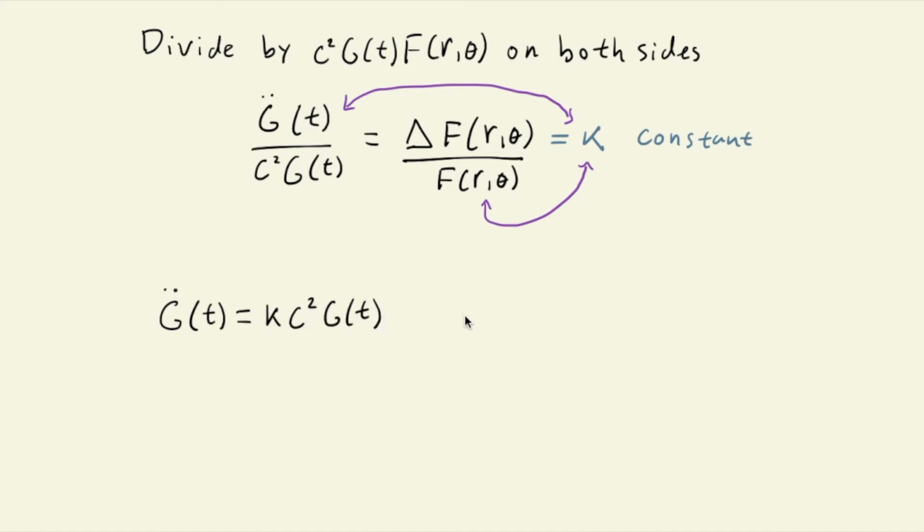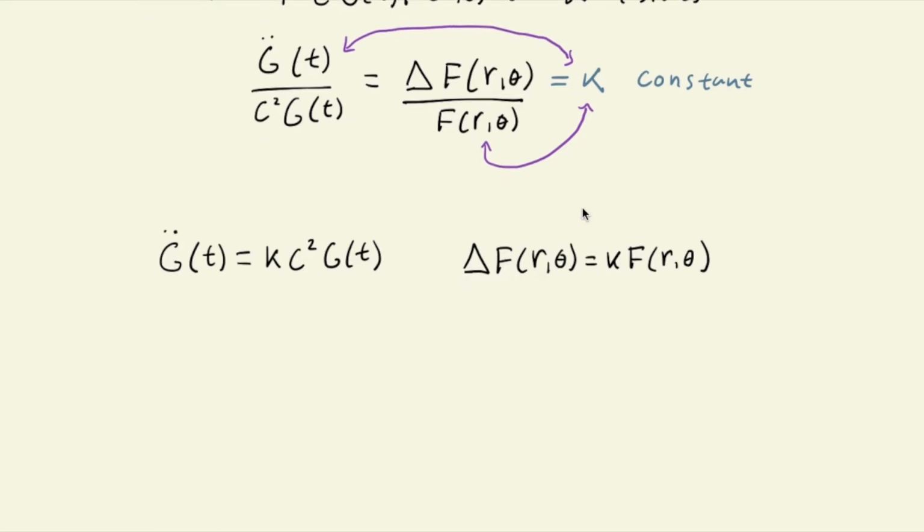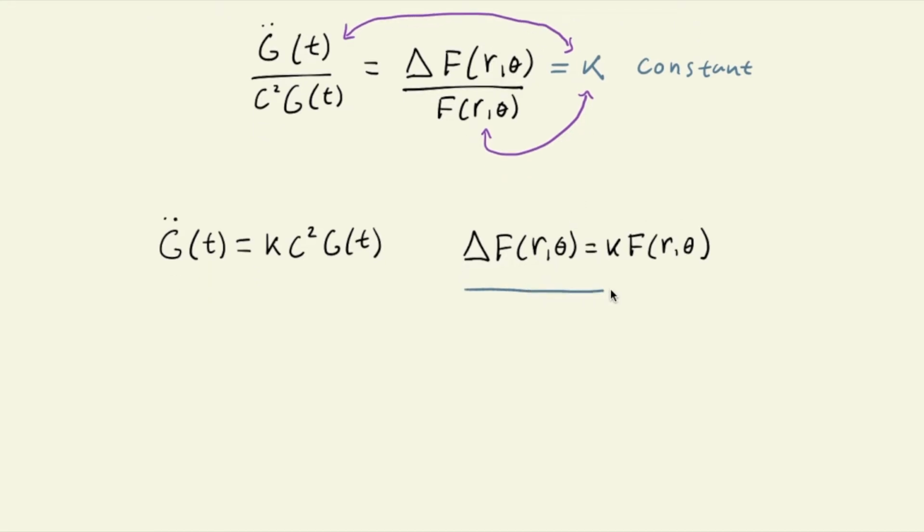For f, we get the Laplacian of f of r, theta is equal to k f of r, theta. Alright, so we have these two equations. And what we have to do now is focus on figuring out what f has to be. As you can see, f has to be an eigenfunction of the Laplacian operator.